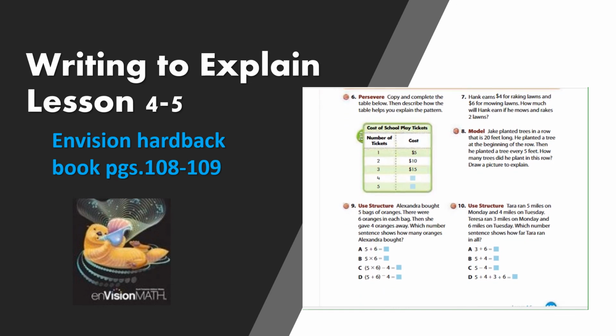Number 8, Jake planted trees in a row that is 20 feet long. So we have our total length of the row, which is 20 feet. He's planting trees in the row. He planted a tree every 5 feet.